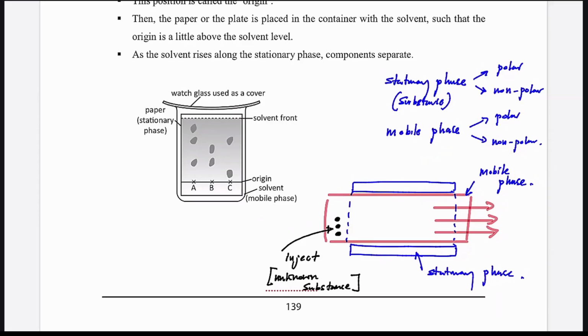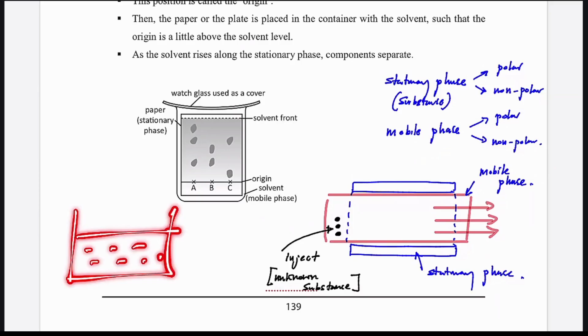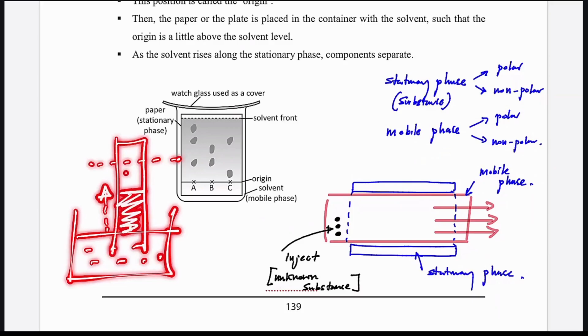I even did that experiment as a kid. You put some color in it, like blue color, and put the strip in, and you can see the blue color coming, and the water coming more than that. This is the beaker, this is blue. When I put the strip, the water level rises, and the blue color stops here.